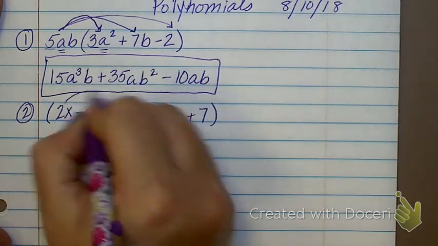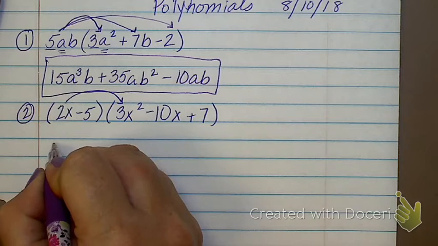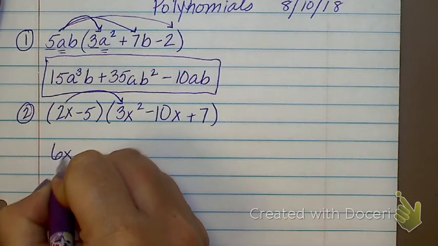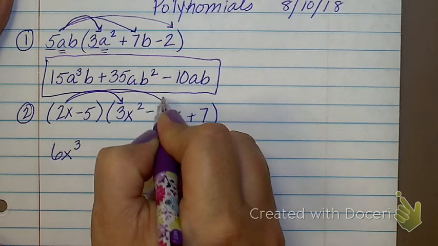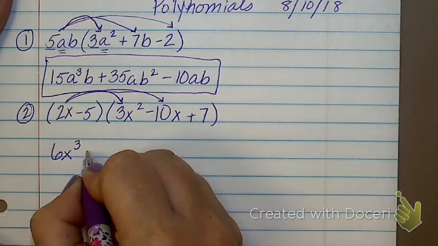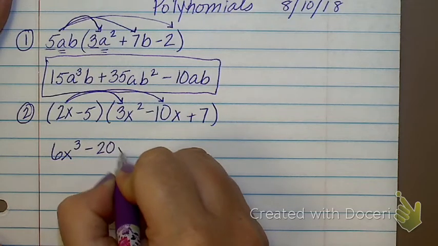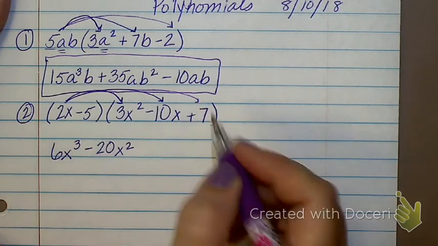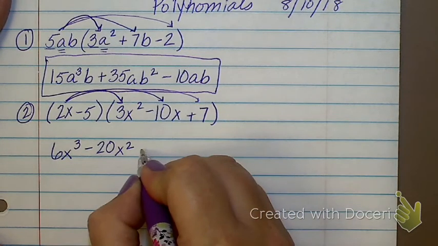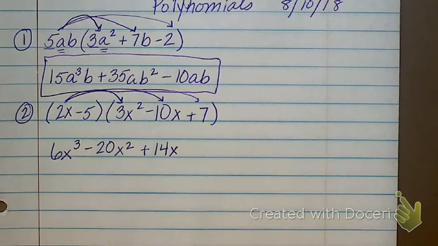So if I take 2x and I multiply it over here by 3x squared, what do I get? 6x to the third. And then if I take 2x and I multiply by negative 10x, what does that give me? Negative 20x squared. And then finally 2x times positive 7, positive 14x. So I'm done with that 2x.